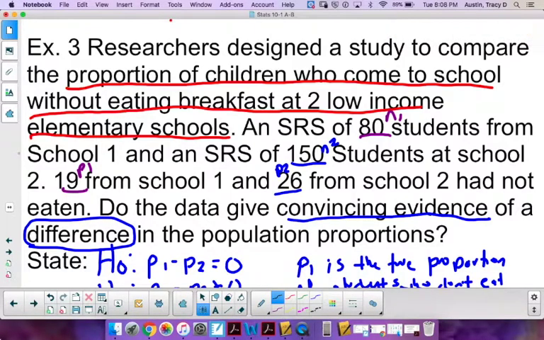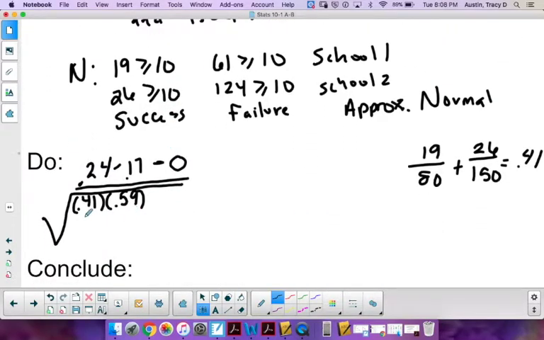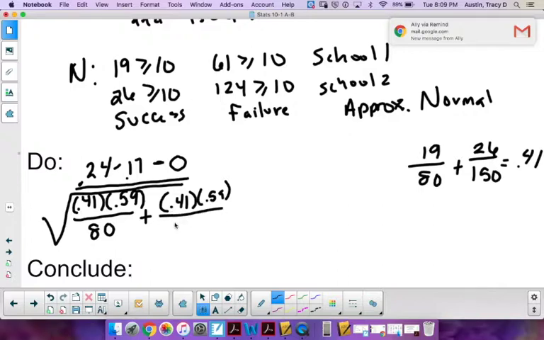Okay, so I want to make sure you caught that. Okay, so out of our first sample size, which is 80, and then 0.41 times 0.59 all over 150. Okay, and again, this is one big, long square root.